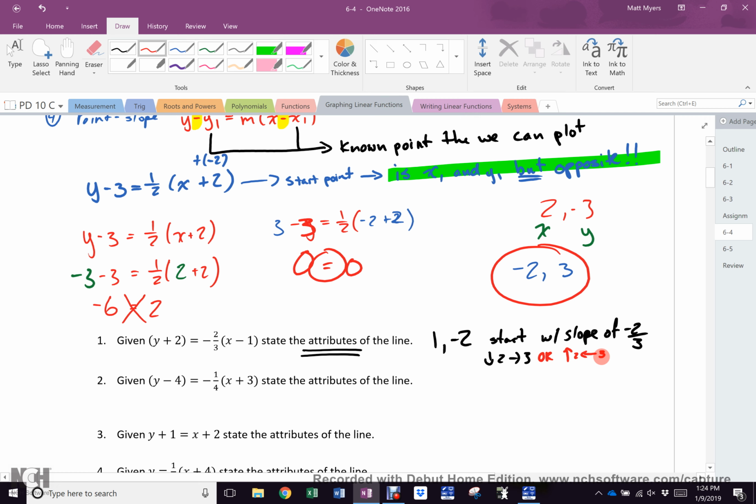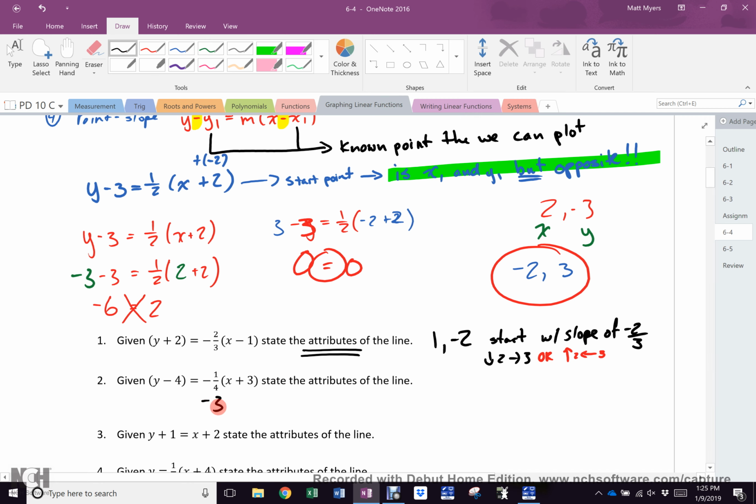Okay. You guys do number 2, because it's exactly the same. There's nothing tricky about it. From m, where we always get the slope from. Okay. So, where's number 2 going to start?